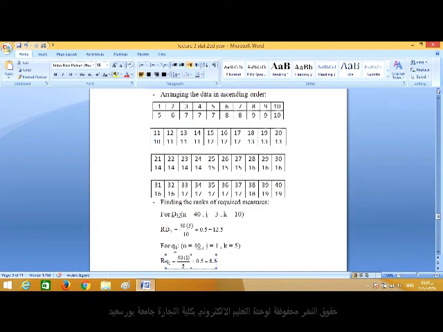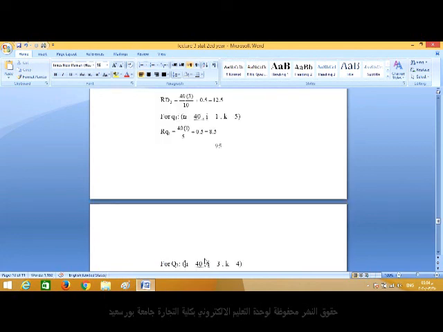For the first quintile, n equals 40 also, i equals 1, and k equals 5. We have 5 parts, and every part contains 20%. So RQ1 equals 40 multiplied by 1/5 plus 0.5, equals 8.5.